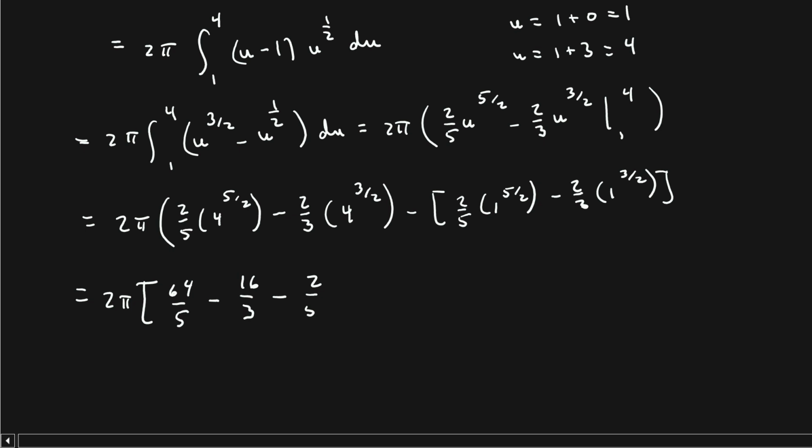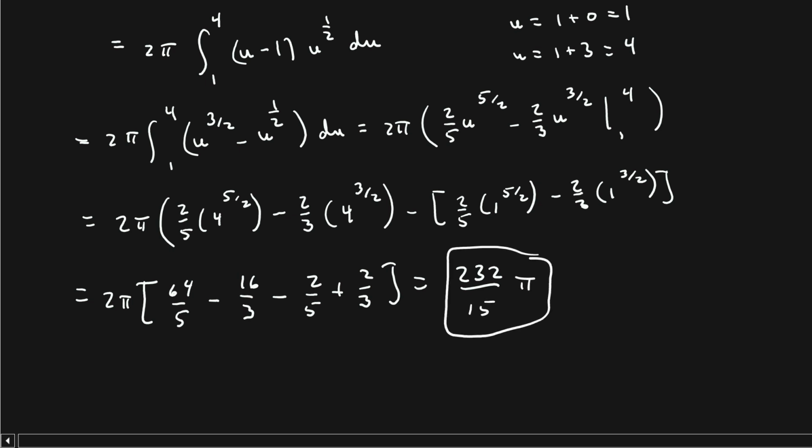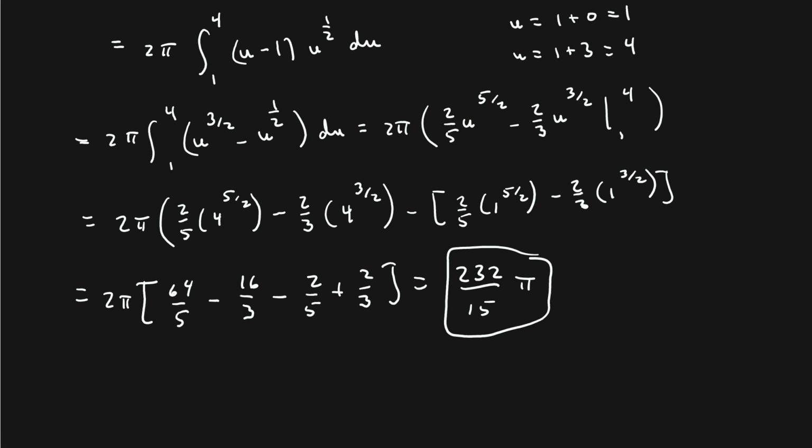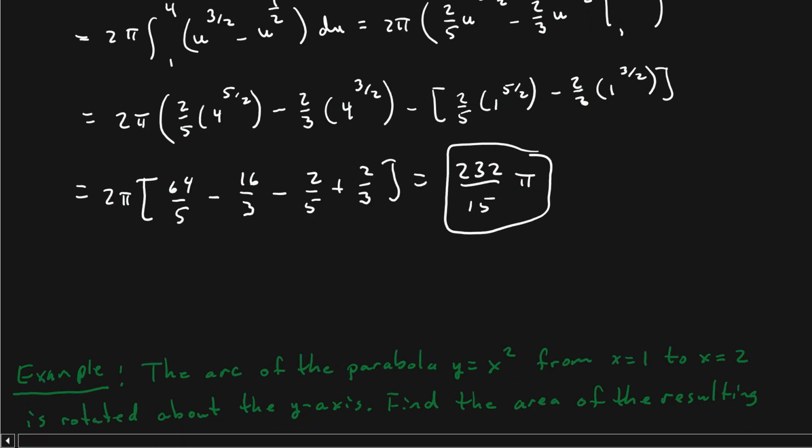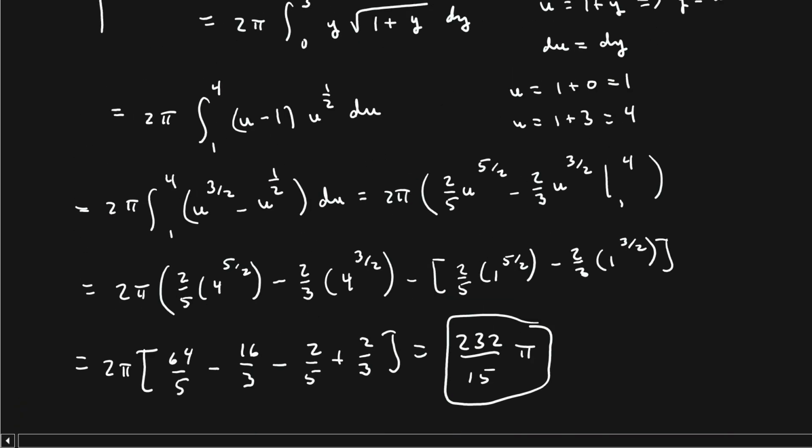Minus 2/5 plus 2/3, and that all ends up being 232 over 15 pi. You can punch all that into your calculator, unless you're in my class. My students don't get to use calculators. All right, so there's that one.